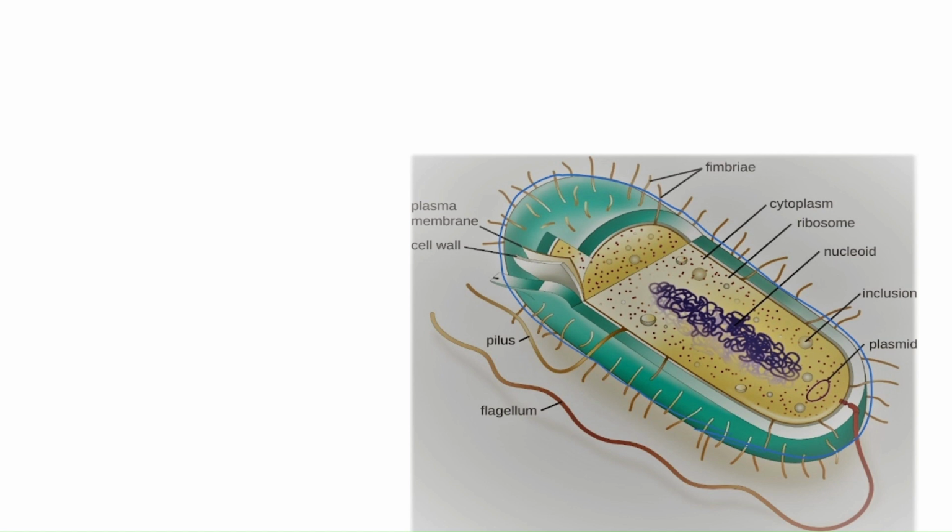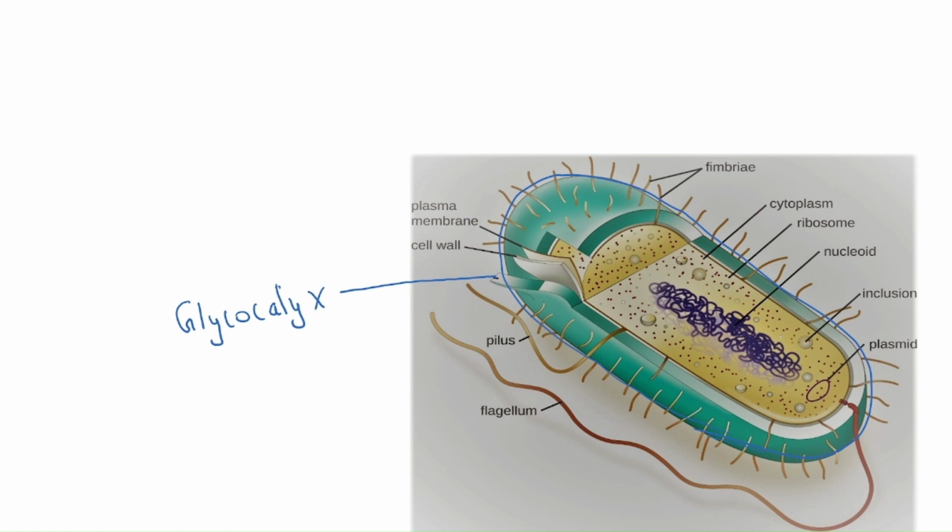The outermost layer is the glycocalyx. This glycocalyx is composed of polysaccharides, and it provides protection. It protects the entire cell.